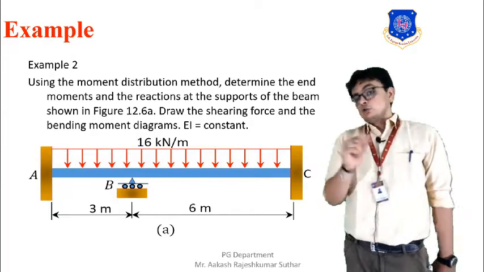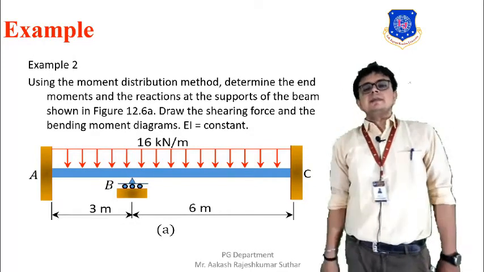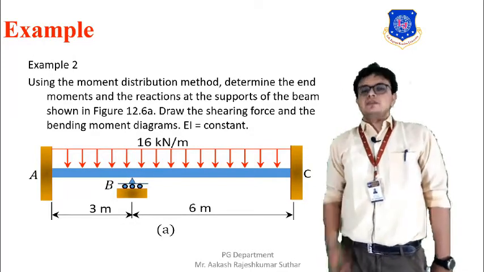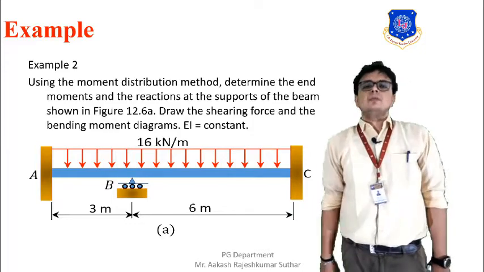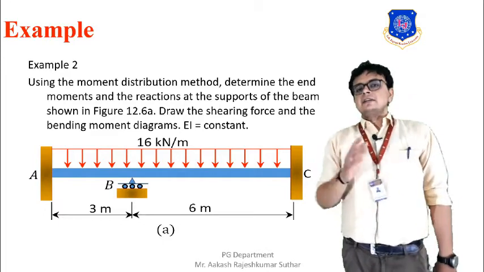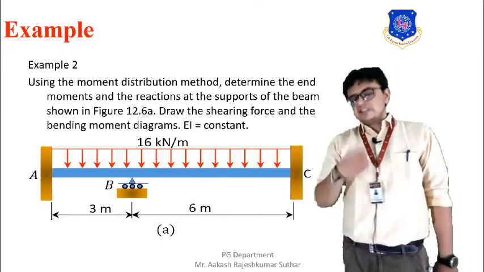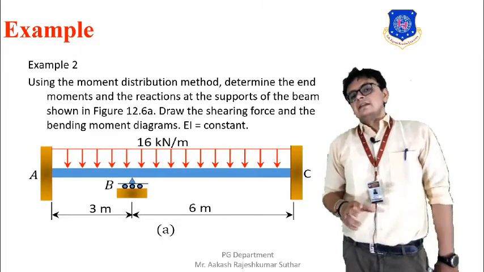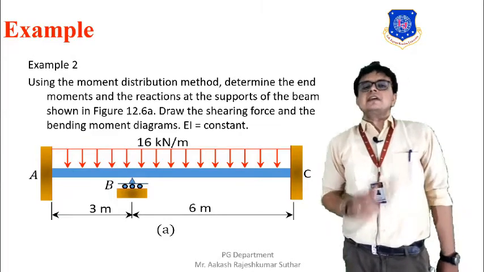So here joint B is a roller, but we will be considering it as a fixed support. We are assuming it as a fixed support and doing the further calculations. So whenever the far end is a fixed support, we have to take the stiffness factor as I by L.